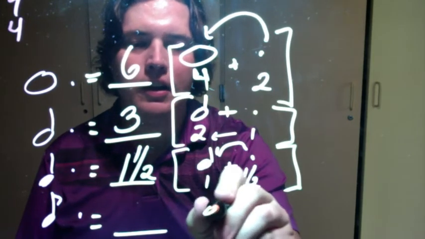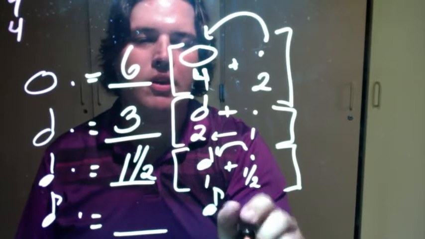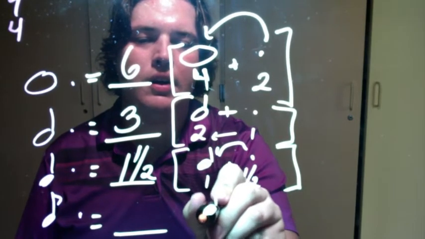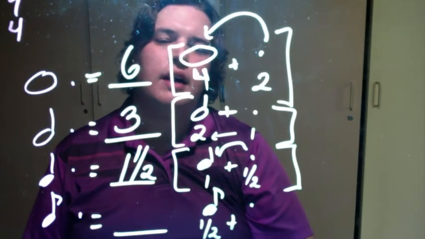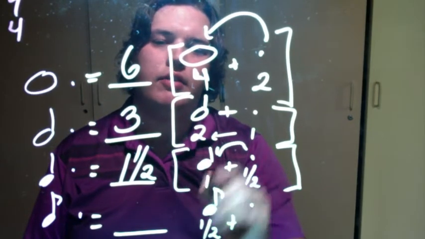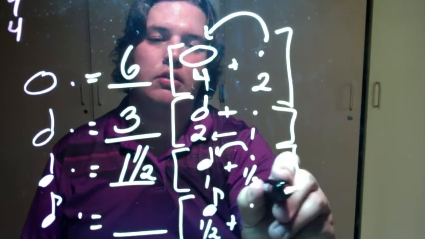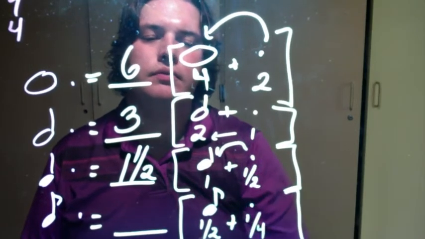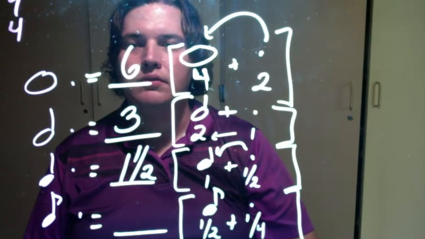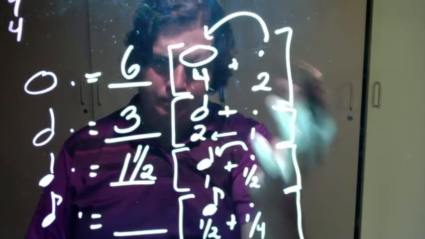And finally, an eighth note, same thing, 4/4 time, it gets half a beat. Now we really have to think: the dot still equals half of the eighth note. So the dot is 1/4. It's half of half.